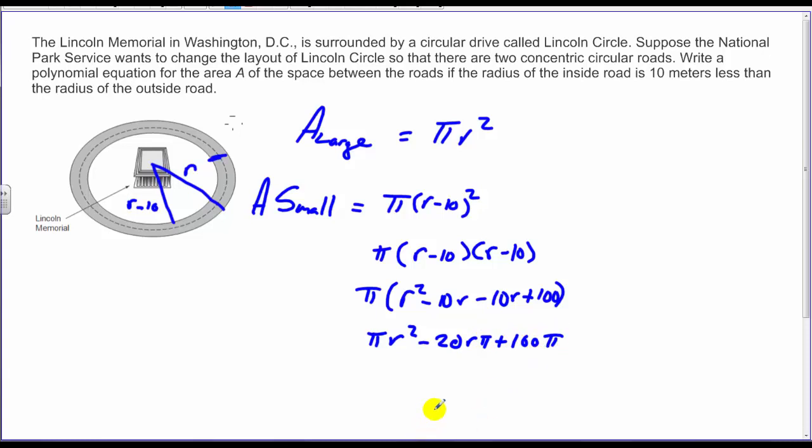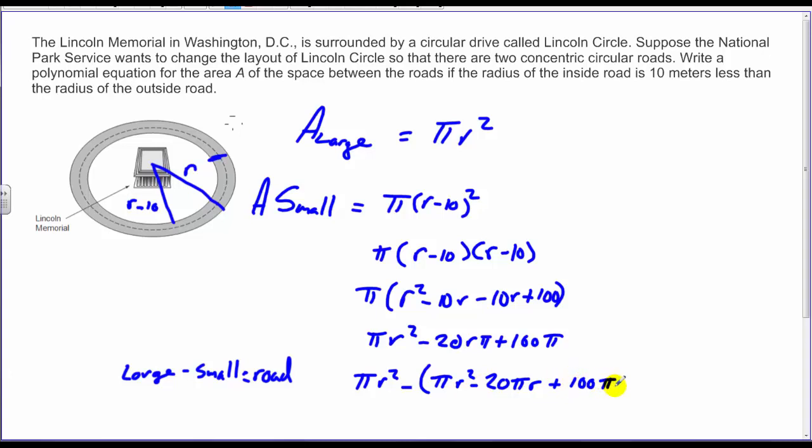And now we have to take the large area and subtract off the small. So large minus small equals the road. The large is pi r squared. Subtract off the small area, which is pi r squared minus 20 pi r plus 100 pi.